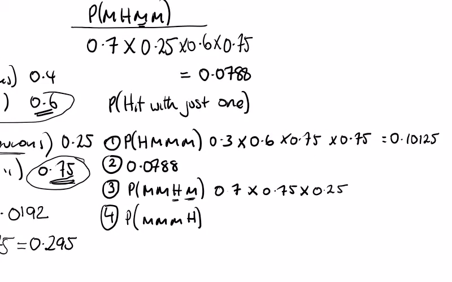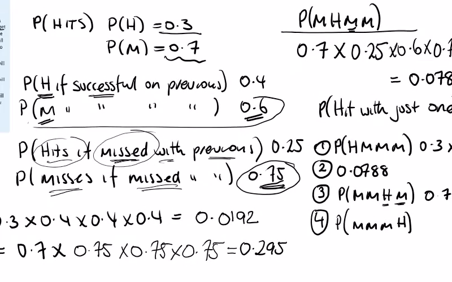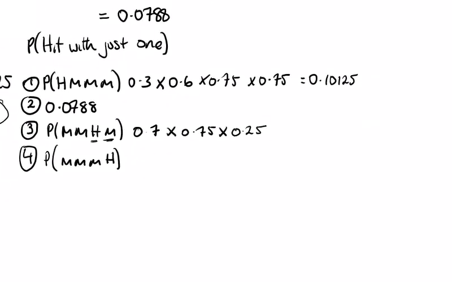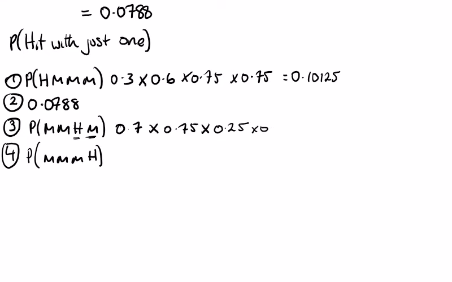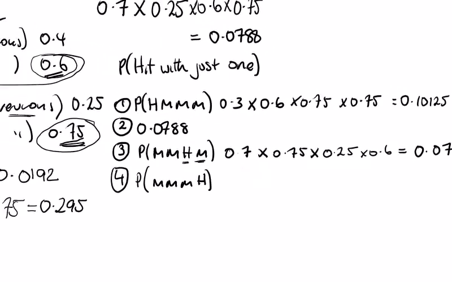And then missed, having hit previously, back down to this 0.6. And these multiplied together, it's 0.07875.